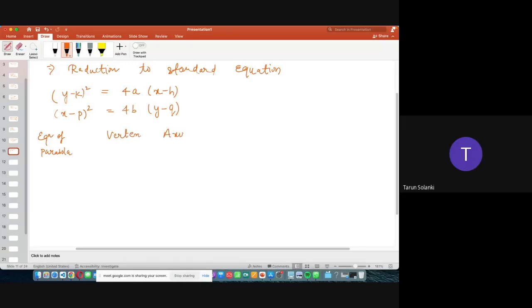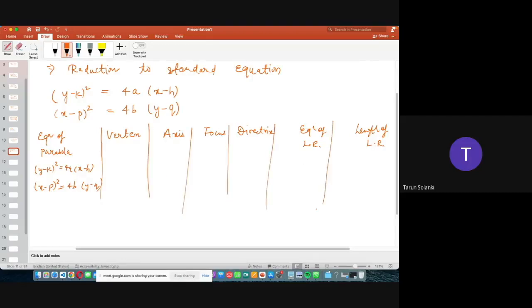Then we come to the axis, then the focus, then the directrix, then the equation of latus rectum and the length of latus rectum. So the equation is (y minus k) square equals 4a(x minus h), and (x minus p) square equals 4b(y minus q).